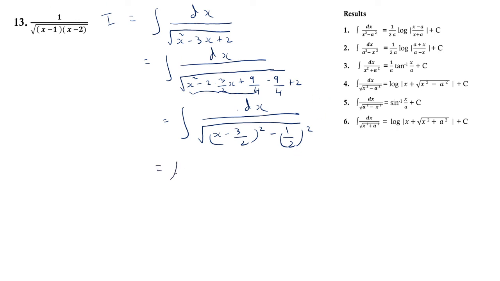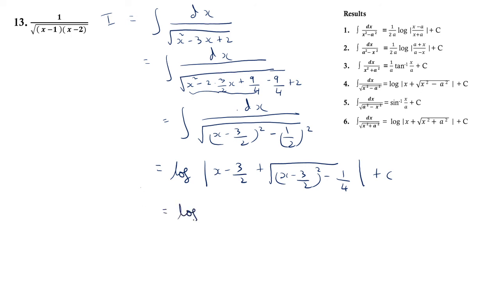So this is equal to log mod x minus 3 by 2 plus square root of x minus 3 by 2 the whole square minus 1 by 4 plus c.